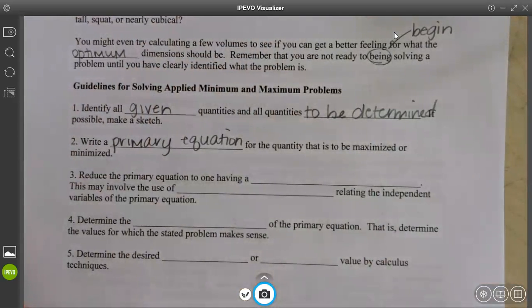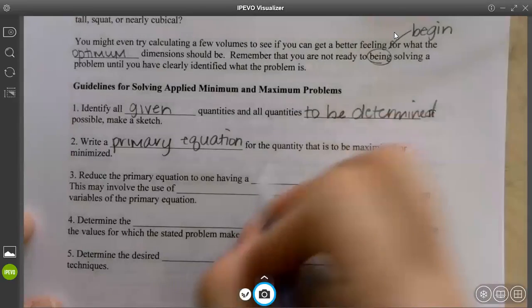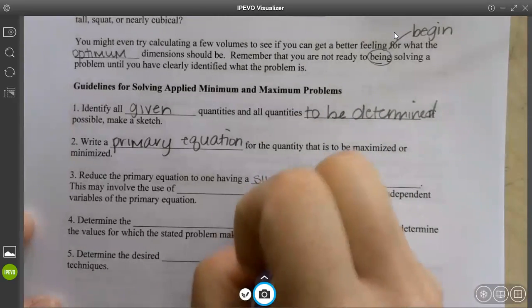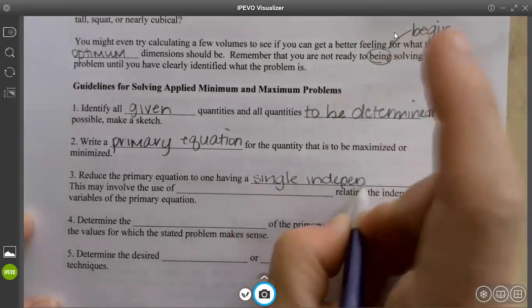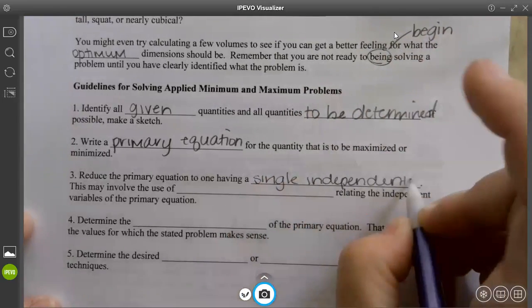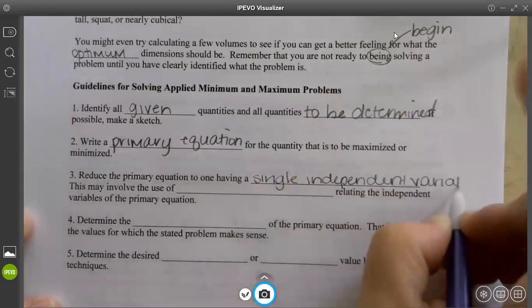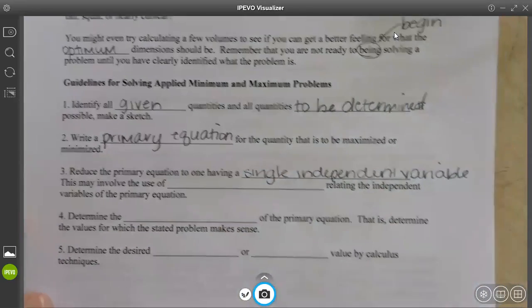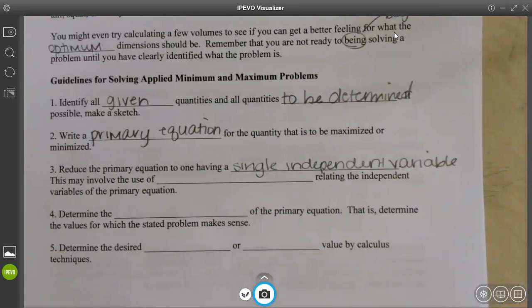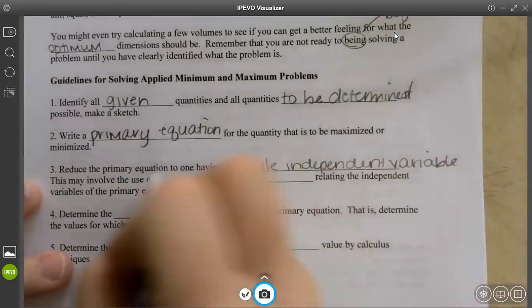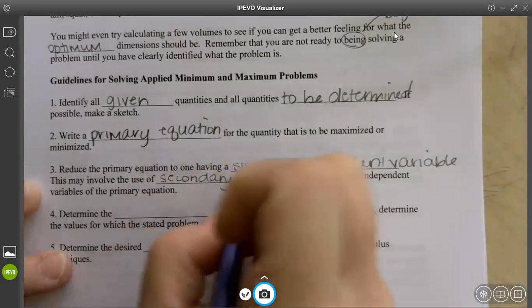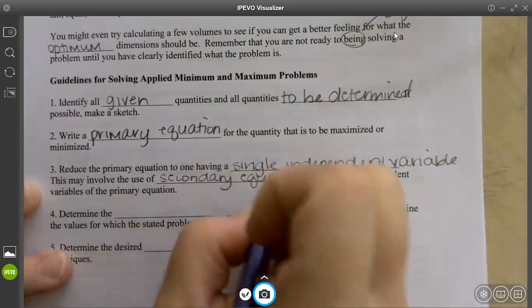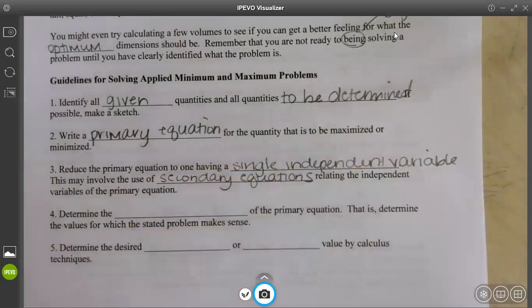Reduce the primary equation to one having a single independent variable. This may involve the use of secondary equations relating the independent variables of the primary equation.